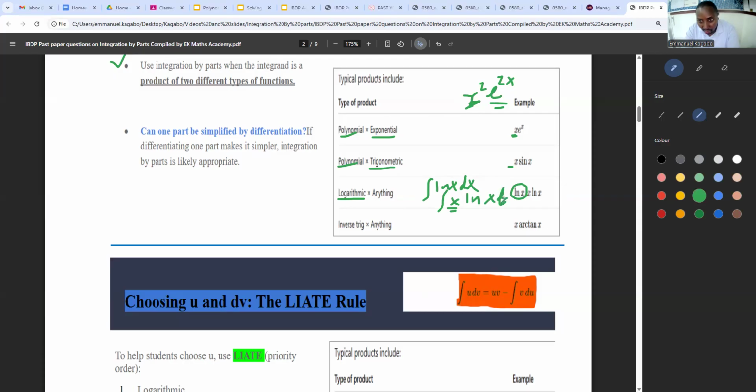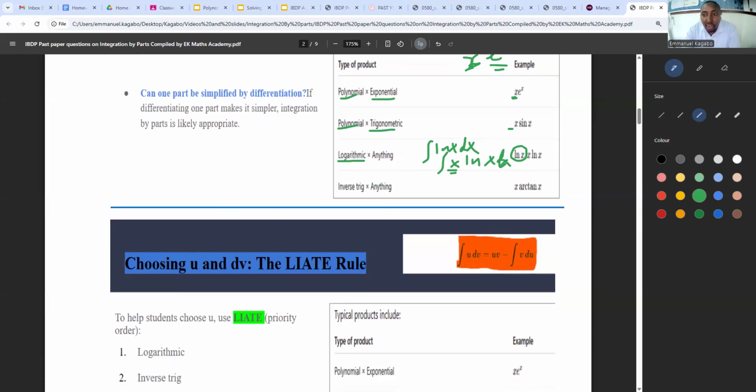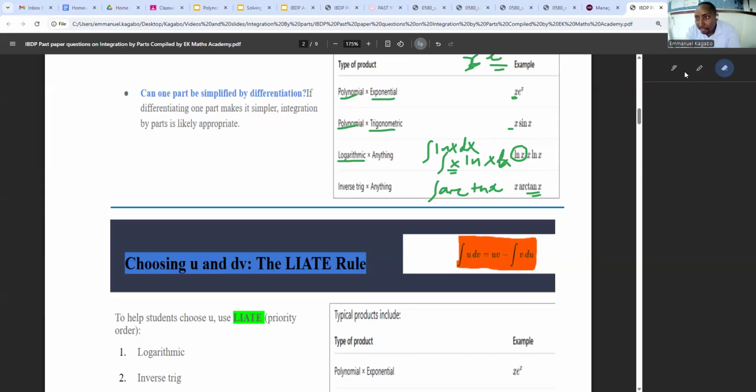So the x here, don't forget that. Very good. Or inverse trigonometry and anything, arctan x, arcsin x, arccos x, and you have x here. Or even if you have the integral of arctan x only, you can be asked to integrate that. It's very important and very common. By the way, one of the questions I'm going to do will have that.